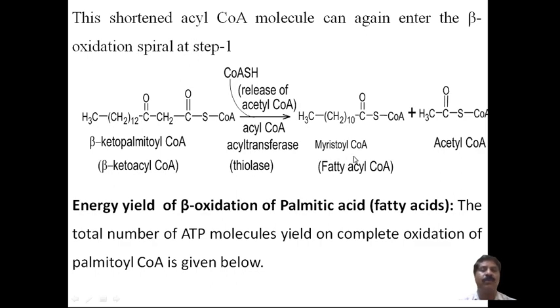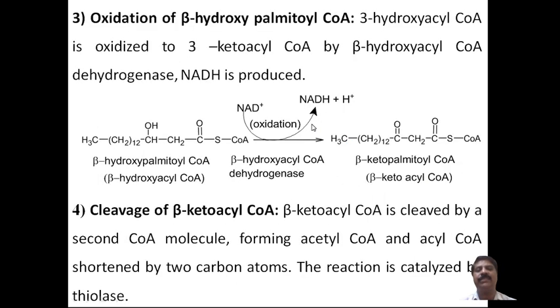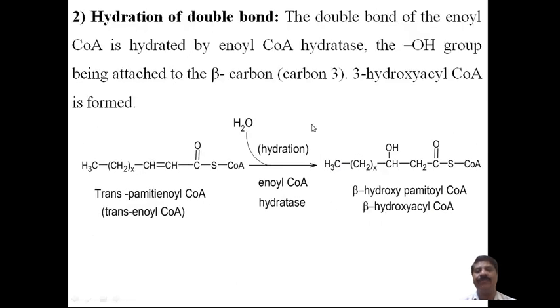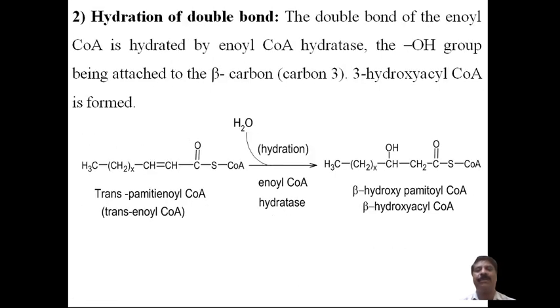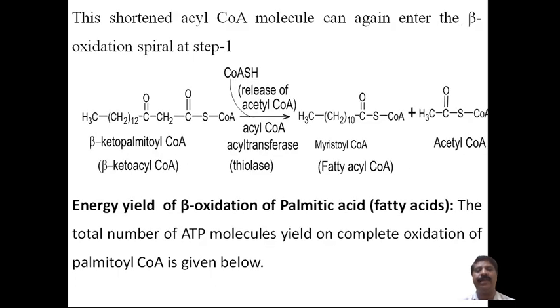Myristoyl coenzyme A is formed, that is a fatty acyl coenzyme A, with acetyl coenzyme A. I have discussed beta oxidation of fatty acid. The same scheme is followed, but now I have explained the fourth step using a specific example, palmitic acid.